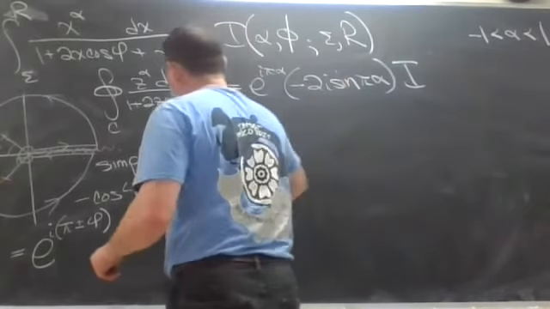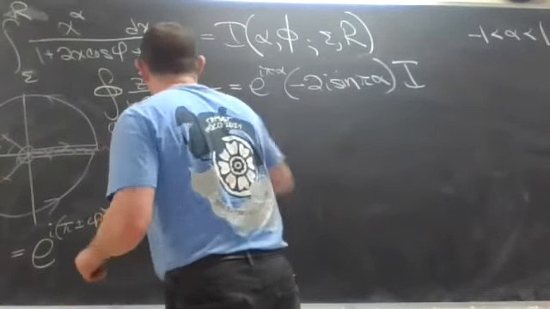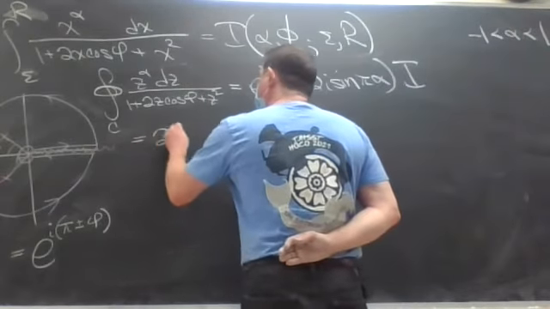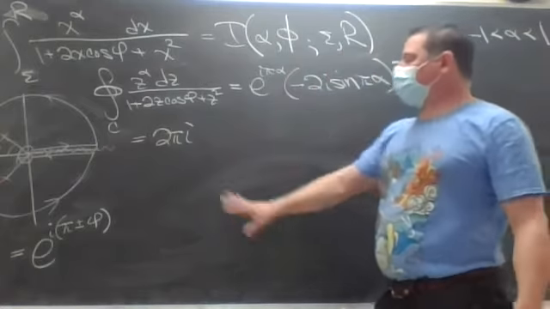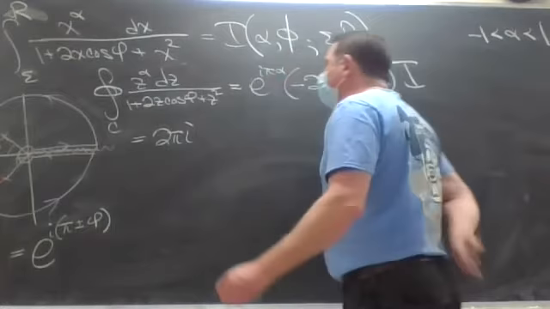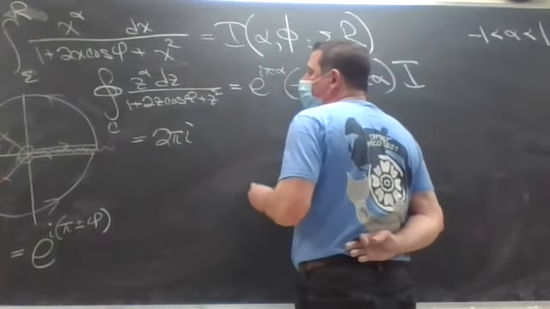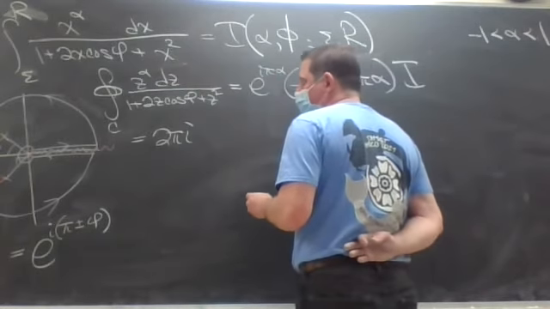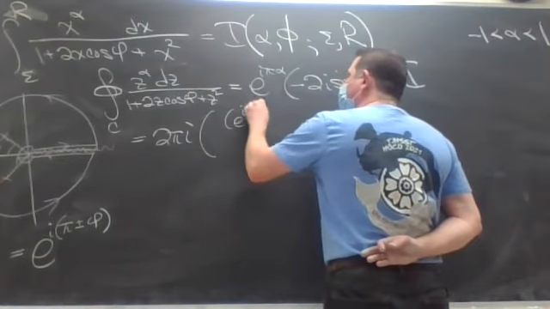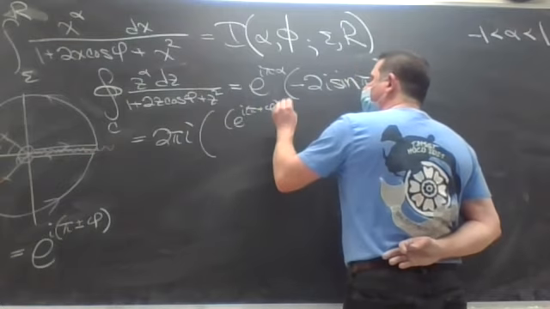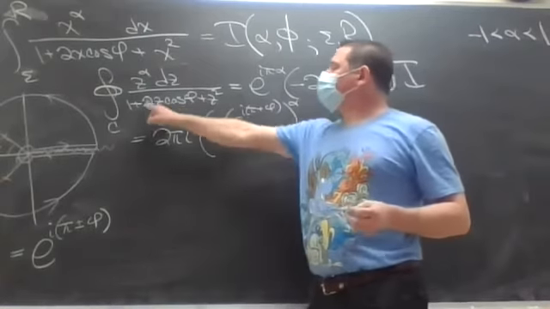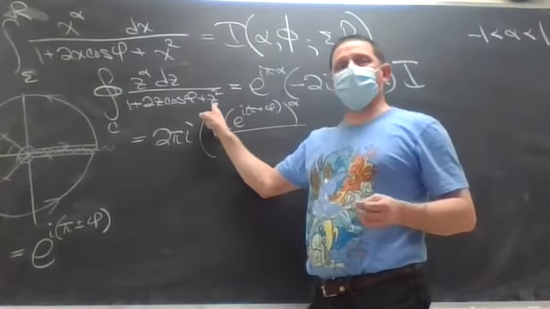So it will be 2 pi i times the sum of the residues. Let's do the residue at e to the i pi plus phi. So what will it be? Once again, I'll use L'Hopital. So I'll have e to the i pi plus phi to the alpha divided by 2 cosine phi plus 2z.